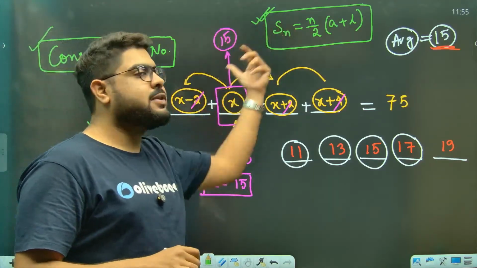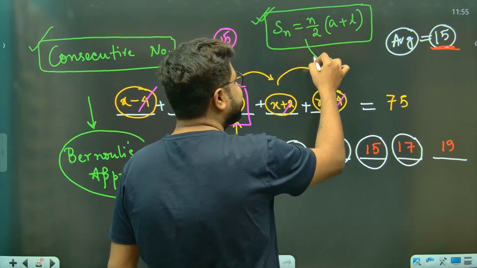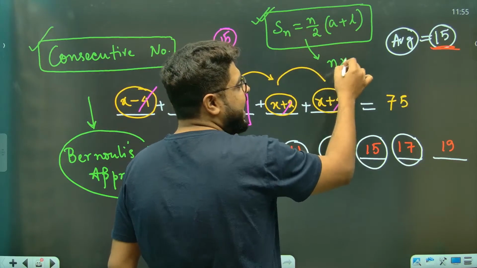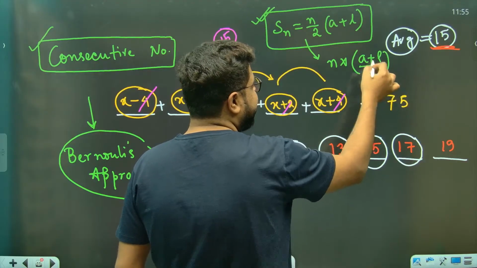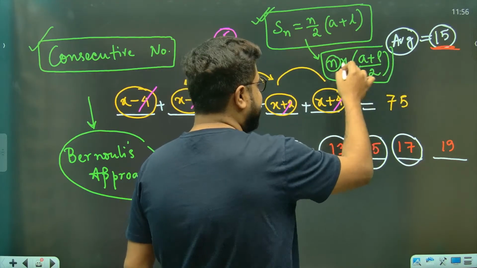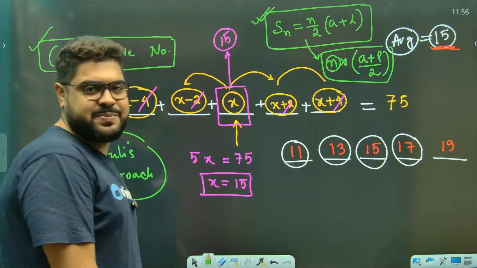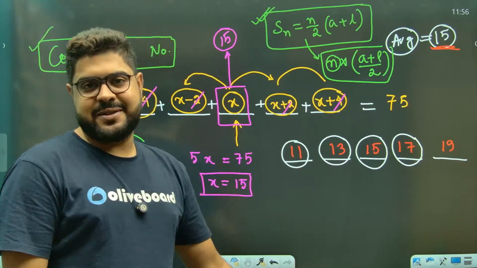So this formula was coming from this. You see, this is actually average. This is nothing but n into the average of the AP, which is (first term plus last term) by 2. If you write this formula like this, you will see, sir, sum is n into average. So this was actually the concept we have used.